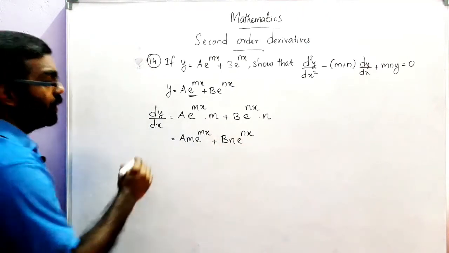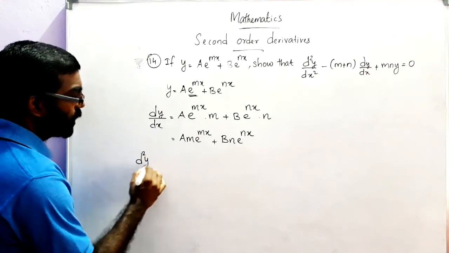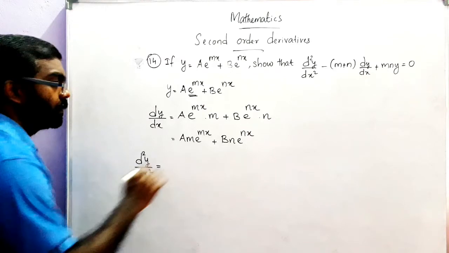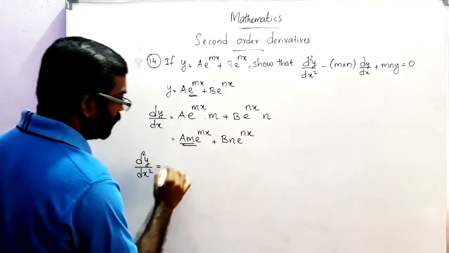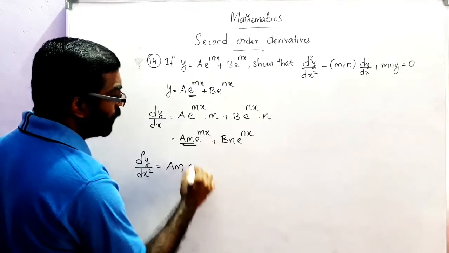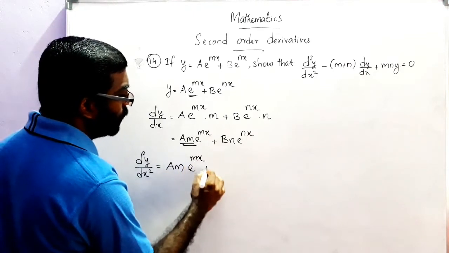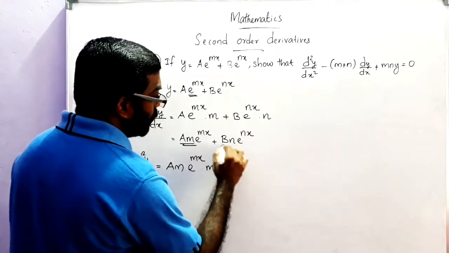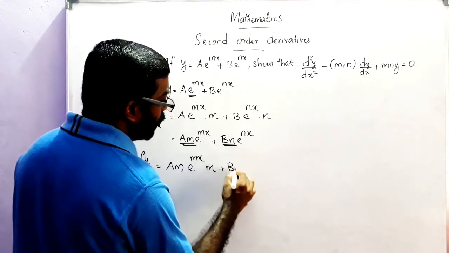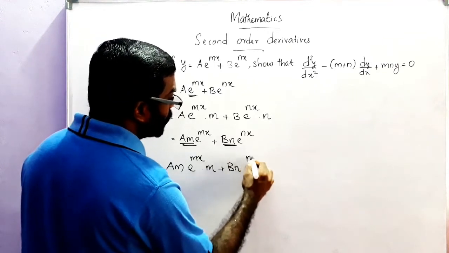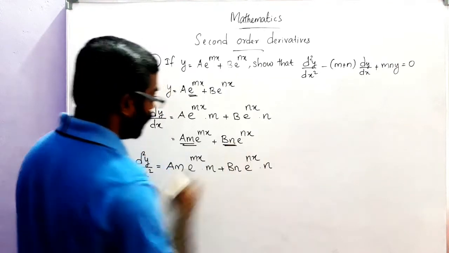Understood? Now d square y by dx square, the second order derivative, which is equal to, here am is a constant, so am into e raised to mx into m. Then plus bn is a constant, so bn into the derivative of e raised to nx, which is e raised to nx into n.